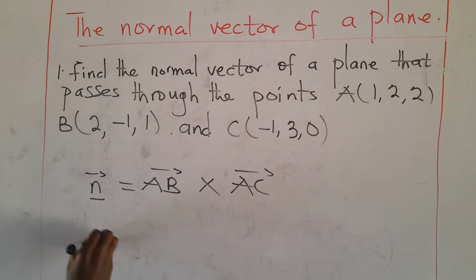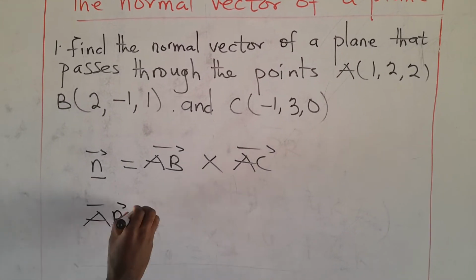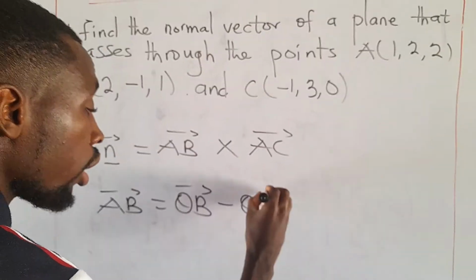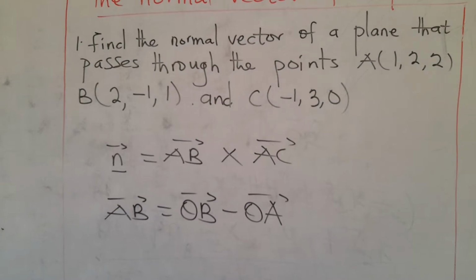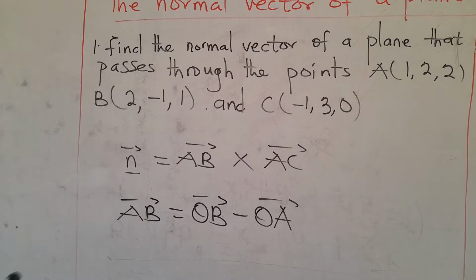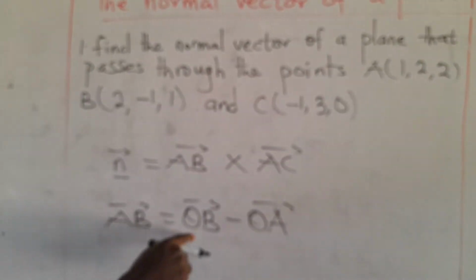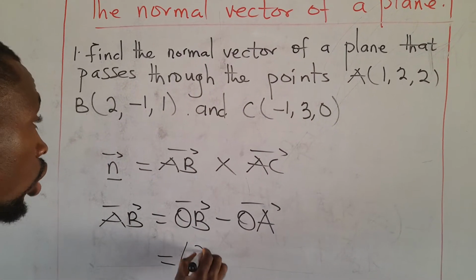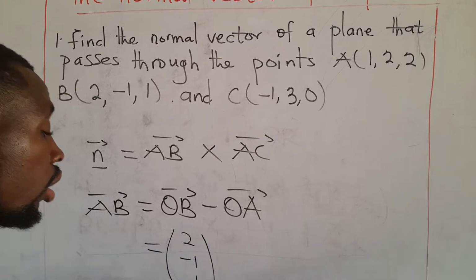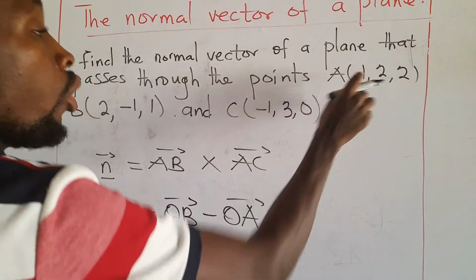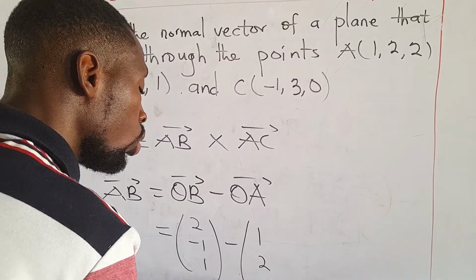So our AB will be equal to OB minus OA from the triangle property of vectors. So what's our OB? That's 2, negative 1, 1, minus OA. And what's our OA? Our OA is 1, 2, 2.